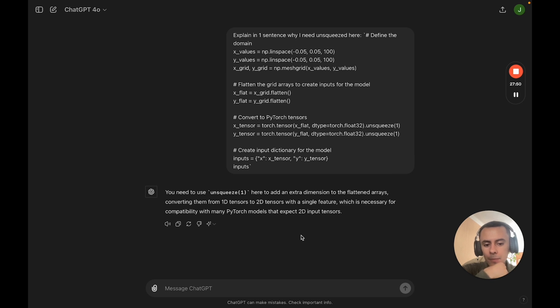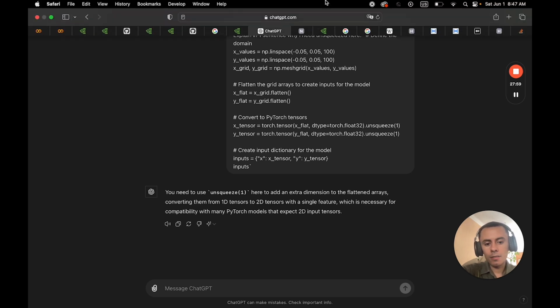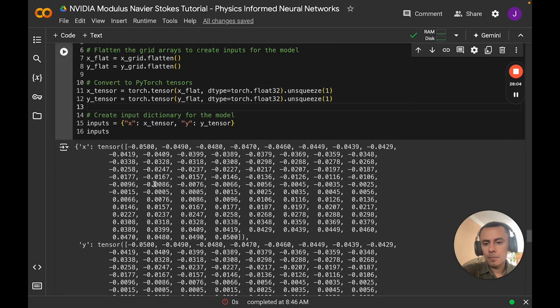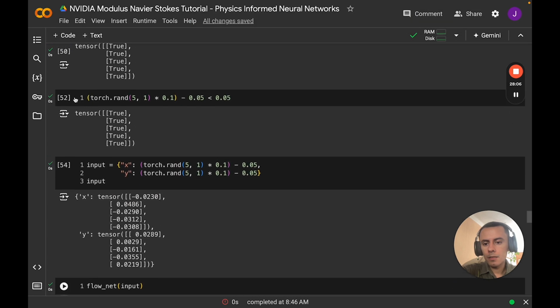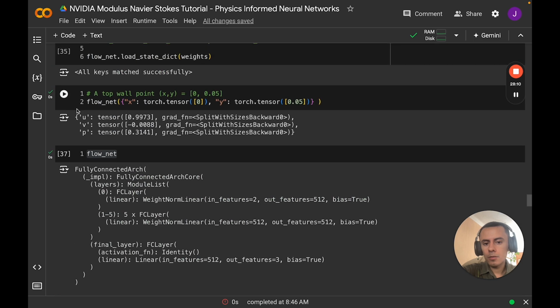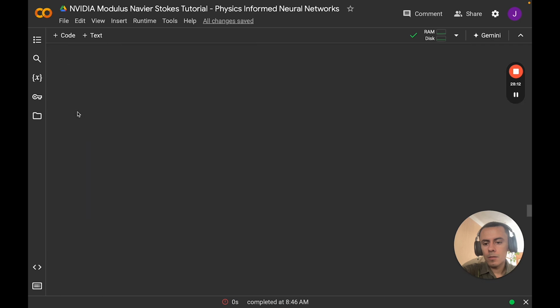Oh, that's interesting. With a single feature, which is necessary for compatibility with many PyTorch models that expect 2D input tensors. Interesting.